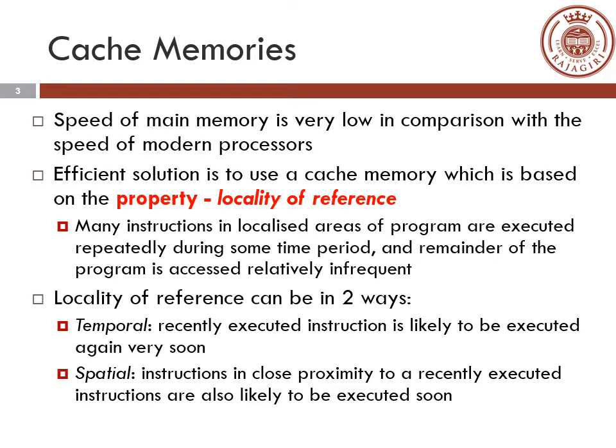Why? Because most of the instructions that are executed so frequently will be present in the cache, so the processor can take the instructions directly from the cache, which will improve the speed of operation.